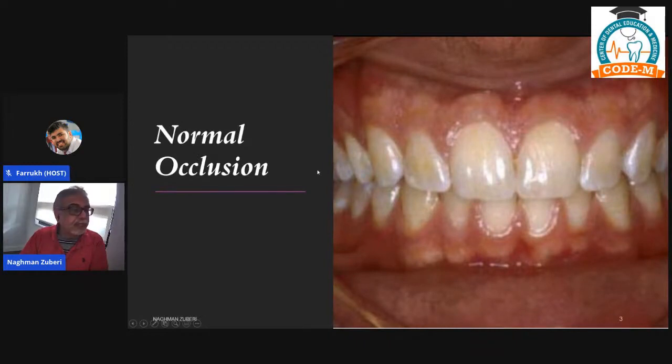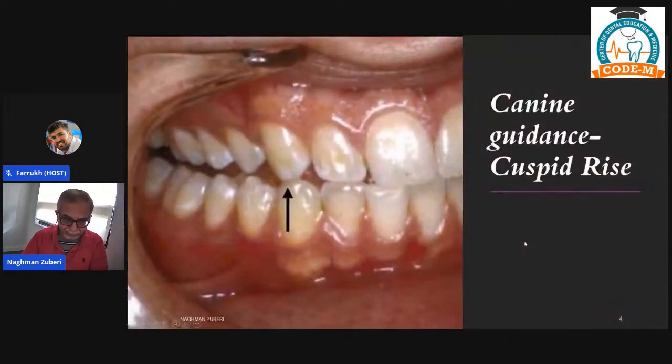So posterior teeth are not coming in contact, no premature contact, no deleterious effect during this protrusion, and anterior teeth will be supporting the posterior dentition in protrusion. So this kind of mechanism is known as mutually protected occlusion. It is present in canine guidance. So over here we can see a very nice, beautiful, normal occlusion.